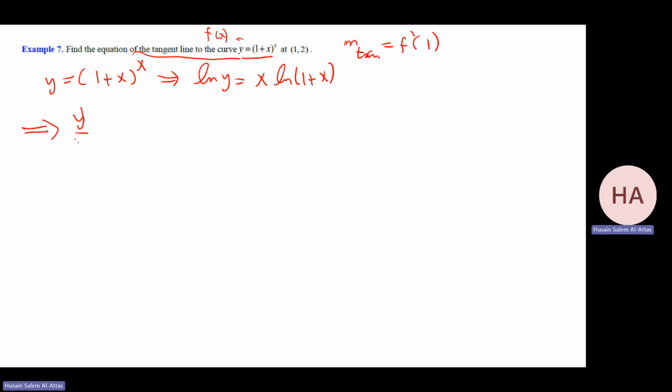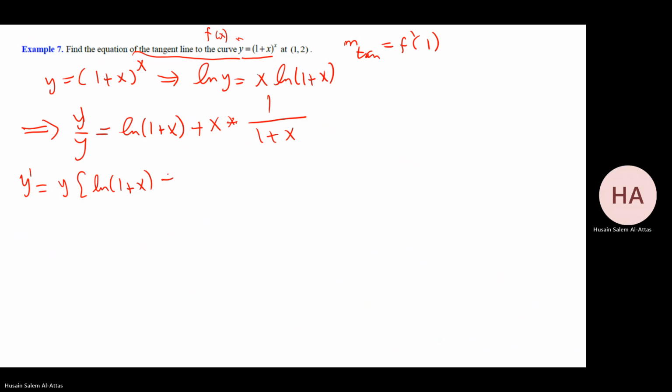Differentiate: y prime over y equals ln of 1 plus x plus x times 1 over 1 plus x. So y prime will be y times ln of 1 plus x plus x over 1 plus x.